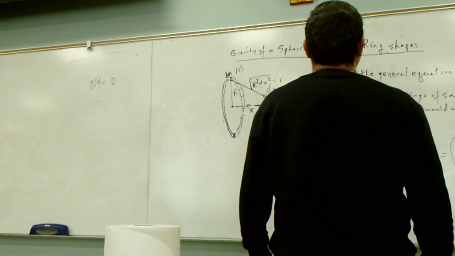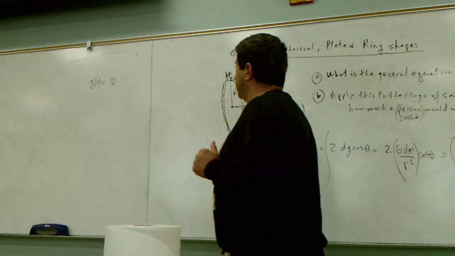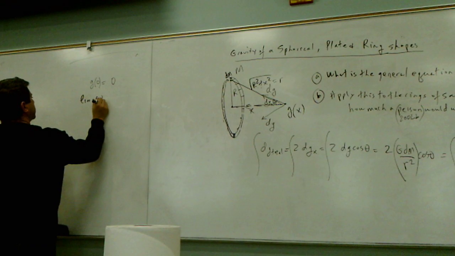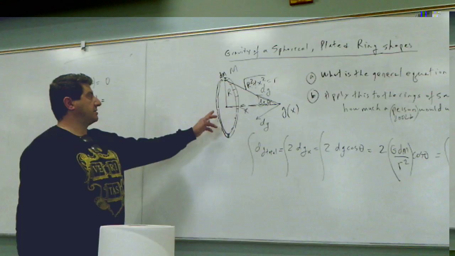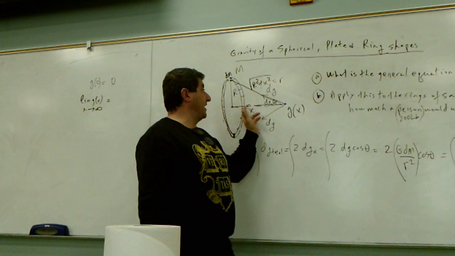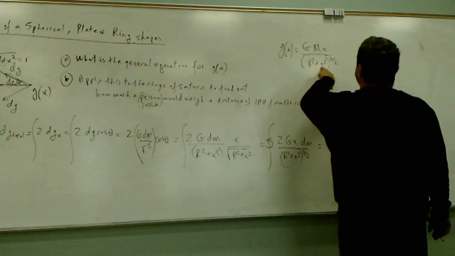Okay? How about as you go farther and farther away? The limit of g of x as x goes to infinity. So then we want to find out the behavior of the g function as you get farther and farther away. So if I get farther and farther away, how do I find the limit of this?